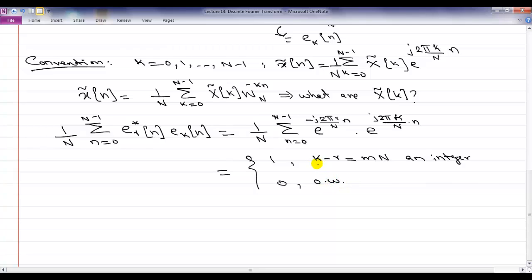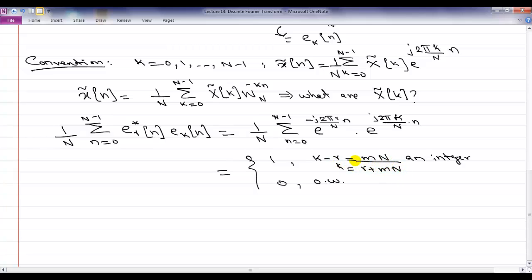Effectively, if k and r are related to each other by a periodic shift, then this is 1, right? Because if I just add to the frequency a multiple of n, I get back that same frequency essentially. So instead of writing k equal to r, I'm writing k minus r equal to mn, or k equal to r plus mn, right?